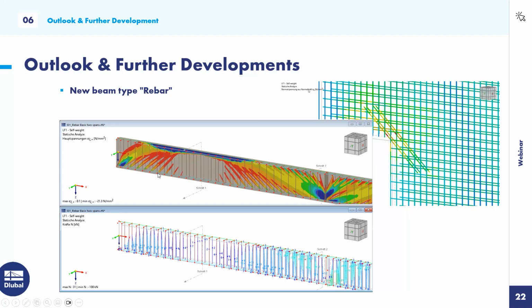It goes from one stirrup end to the other one, and we see really how the compression strut goes to the supports here and here, and in the view we see the tension forces in the stirrups, how this is developed, and where we have no shear force, we have nearly no force in the rebars. So if we want to analyze something deeper, we can use this new member type rebar in the future for more detailed analysis.